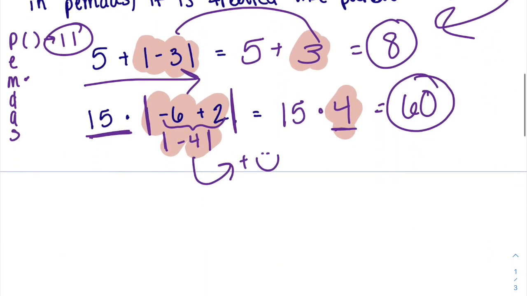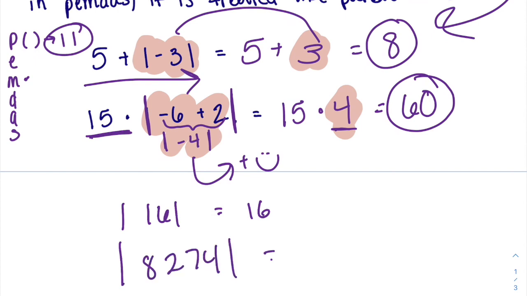If you take the absolute value of a positive number, it just stays positive. The absolute value of 16 is 16. The absolute value of 8,274 is 8,274. So positive stay positive, but negative numbers turn positive.